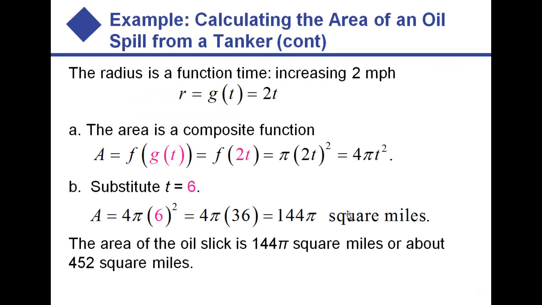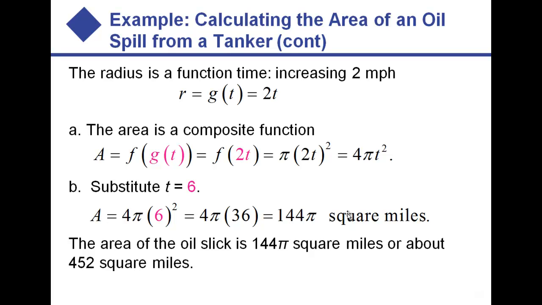So the radius is a function of time. When they say it's increasing at 2 miles per hour, that means the radius is this function g of t, which is 2 times t, where t is time. So for every hour, the radius is 2 times that t. The area ends up being a composite function of that, because area is pi r squared, right?